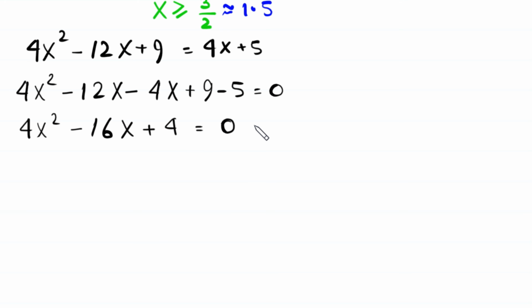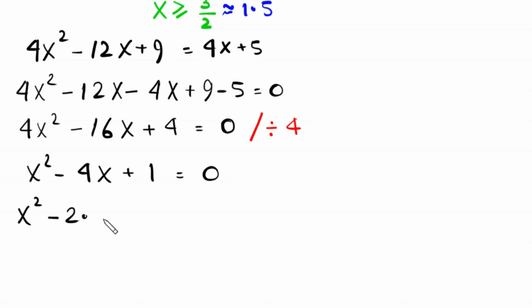If we divide the whole equation by 4, then this will become x squared minus 4 times x plus 1 equal to 0. Can rewrite this equation as x squared minus 2 times x times 2.